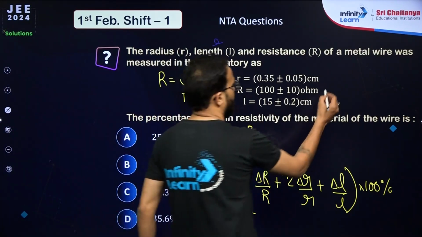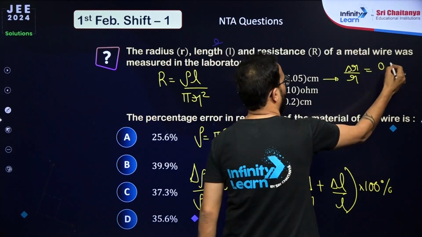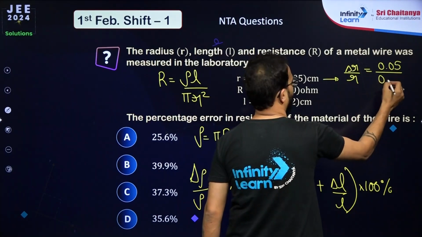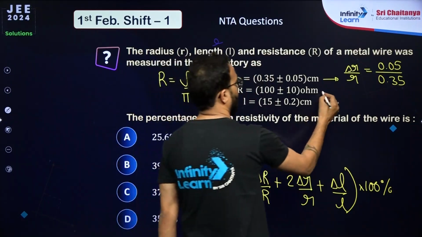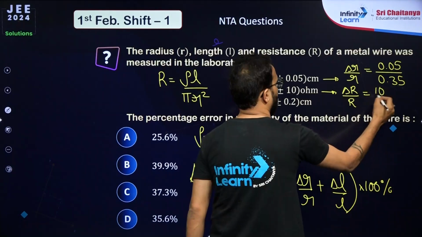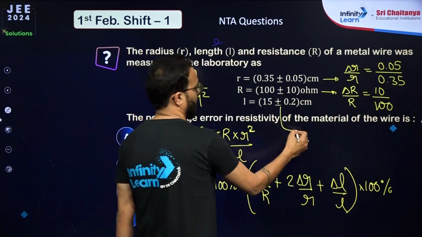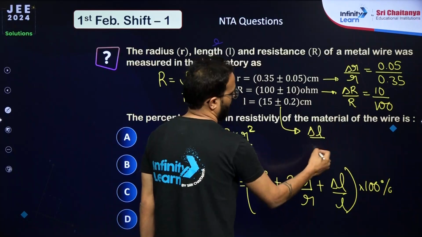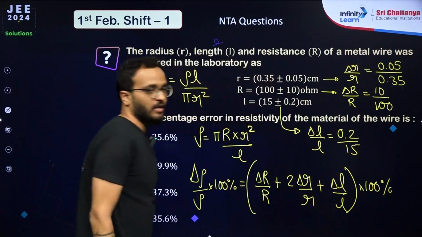From here, delta R by R will be 0.05 by 0.35, and delta r by capital R will be 10 by 100, and delta L by L will be 0.2 by 15, right? So you know these values.